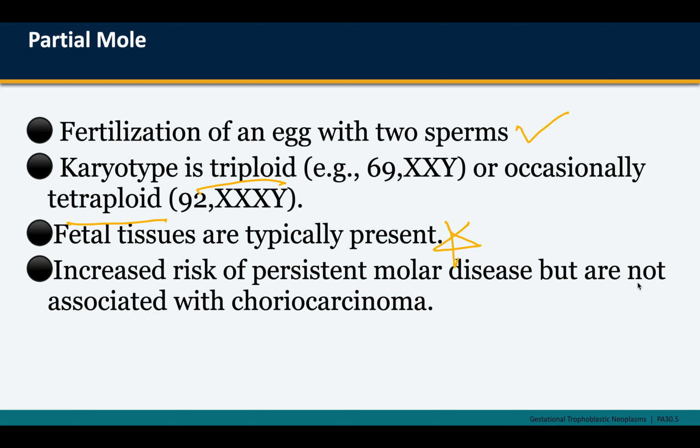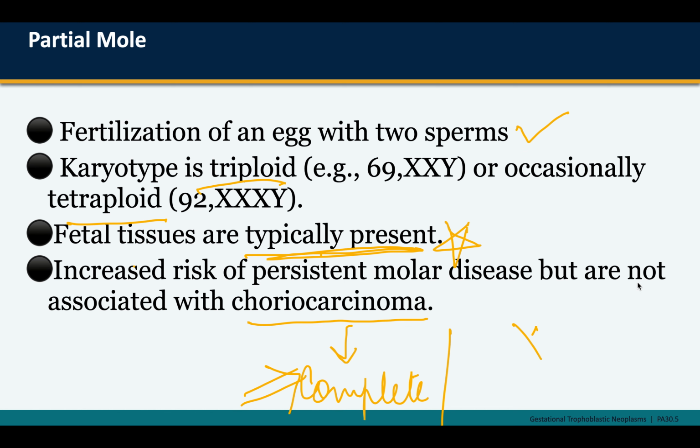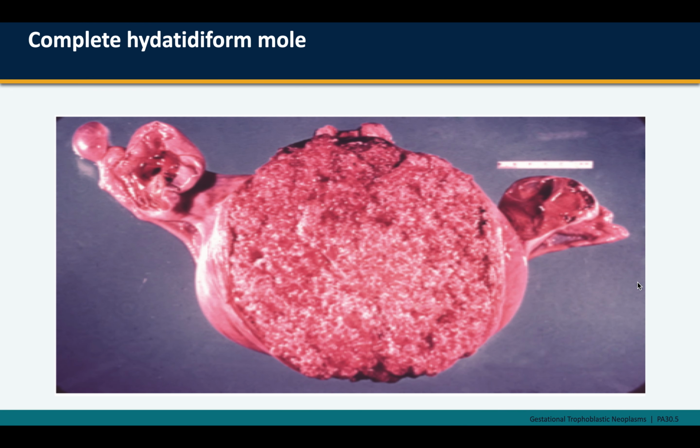One important thing to note is that fetal tissues are typically present in partial mole. This is again a difference between a complete mole and a partial mole. Down the line, choriocarcinoma can develop in complete mole, with more risk, but it is very rare to develop in partial mole.